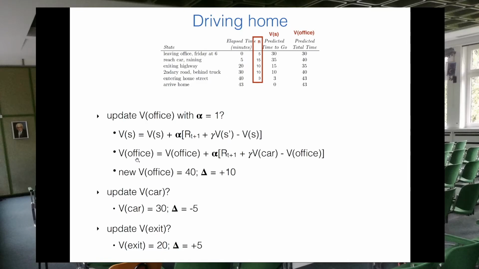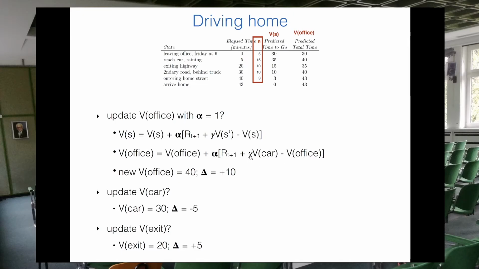So if we are going to calculate the value of the office, this state here, the first state, the initial state, we will do it this way. The current value of office is 30. So here is going to be 30 and here is going to be 30.